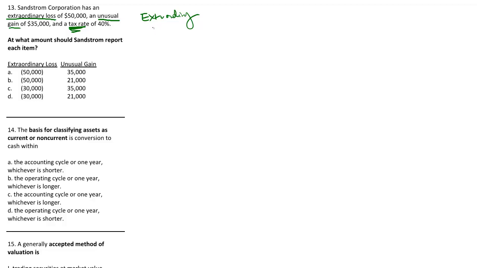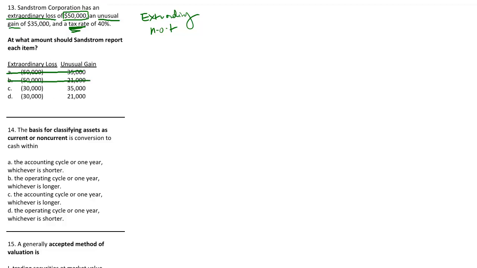So these extraordinary items have to be reported net of tax. We can't record it at the raw value; it has to be at the taxed rate. So we can eliminate answer A and answer B right here.